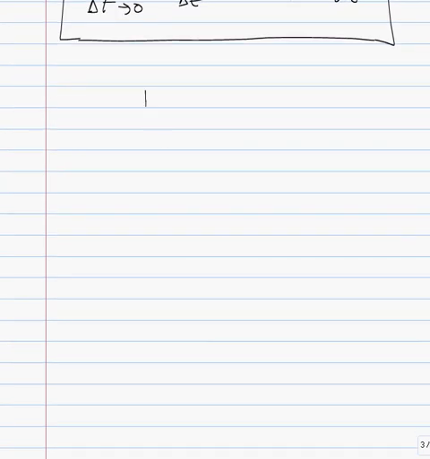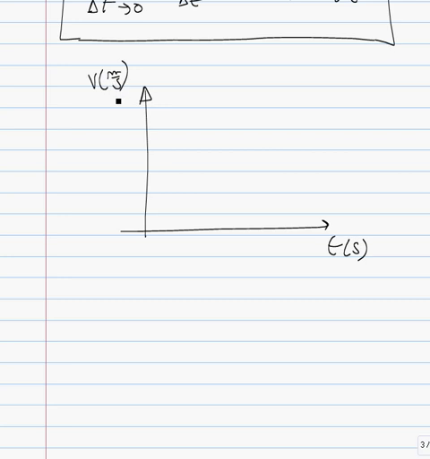So again, if we have now a v versus t diagram, and we have a straight line, we know that the acceleration is constant, which means that we're changing our velocity at a constant rate. The change from here to here is the same as the change from here to here is the same as the change from here to here.